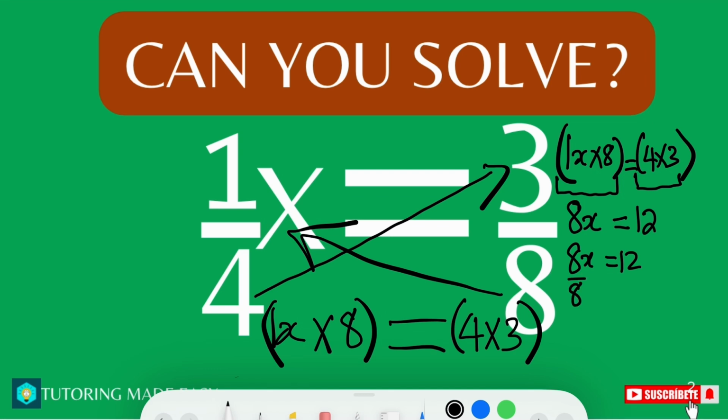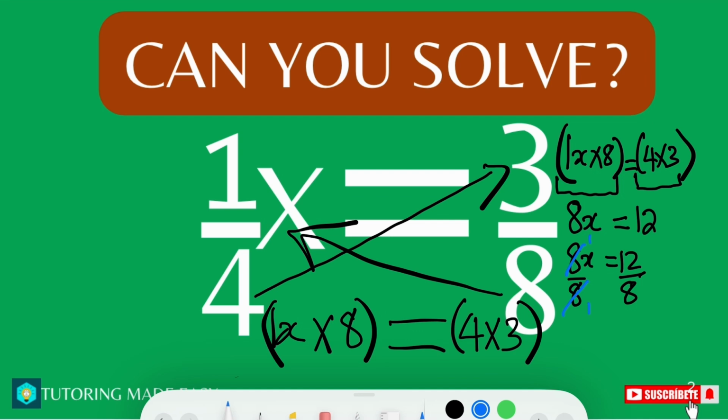Now remember, whatever you do to the left-hand side, you have to do the same thing to the right-hand side. Since we're dividing by 8 on the left-hand side so we can have our x and solve it, we're going to divide the right-hand side by 8 as well. When we do that, this 8 goes 1 here, and 1 there.